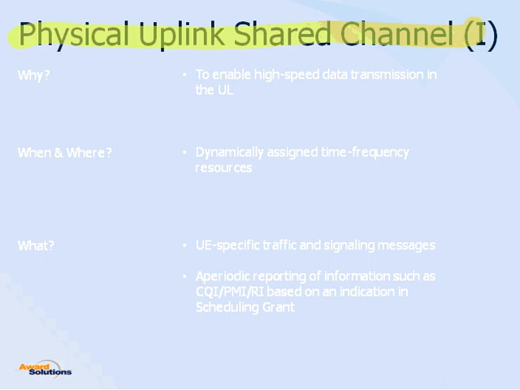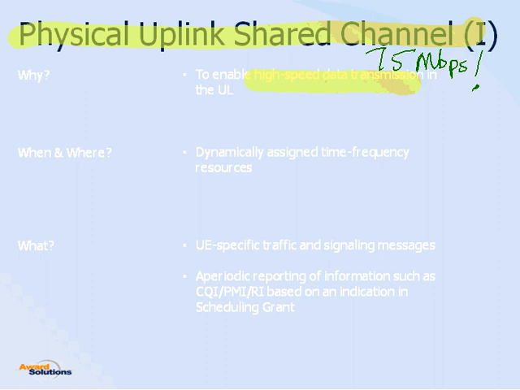Uplink shared channel. This is your big pipe, the 75 megabits per second pipe. In the downlink, we support up to 300 megabits per second data rate, the physical downlink shared channel. In the uplink, it goes up to 75 megabits per second. So basically, it's nothing but the high-speed channel.